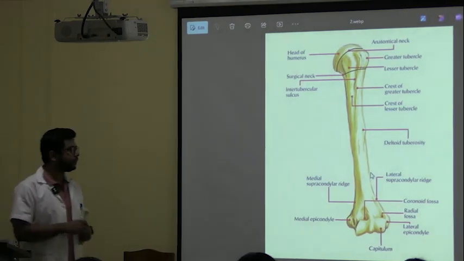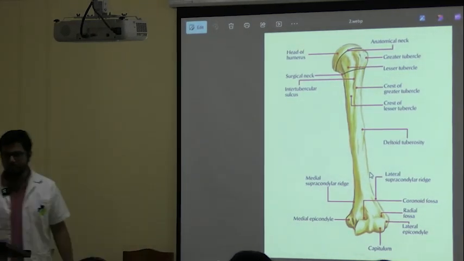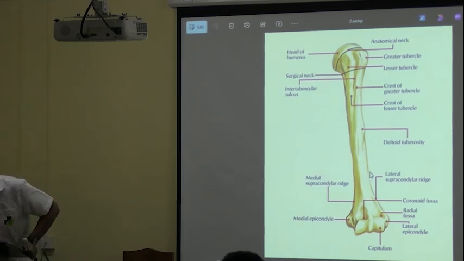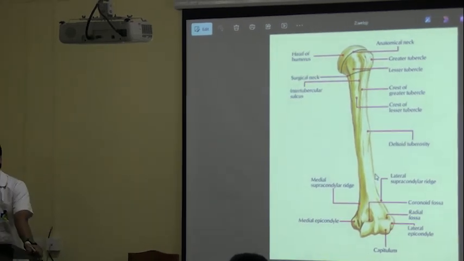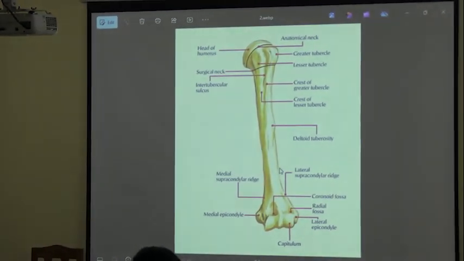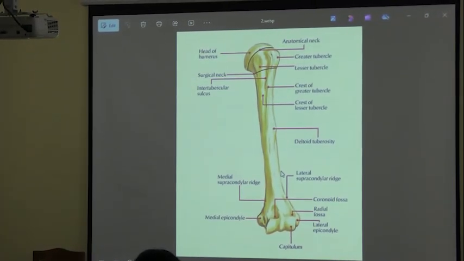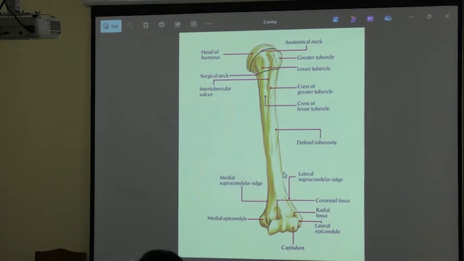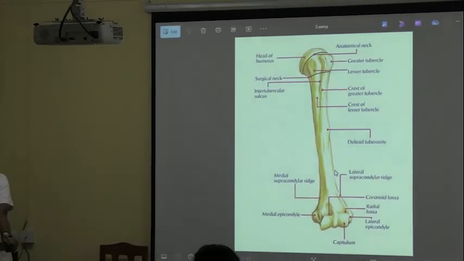Write it down. For side determination, the first point will be the head is directed medially, backward and upward.